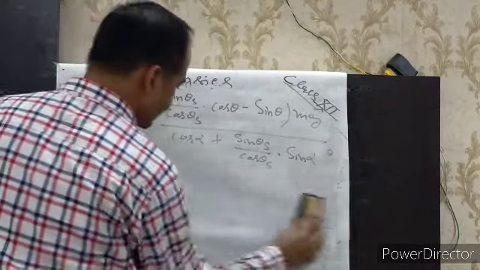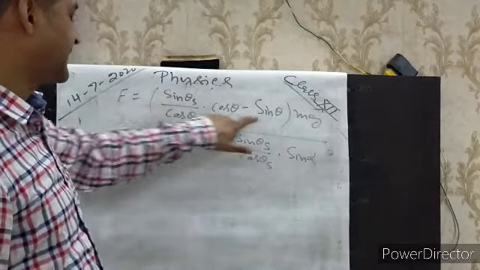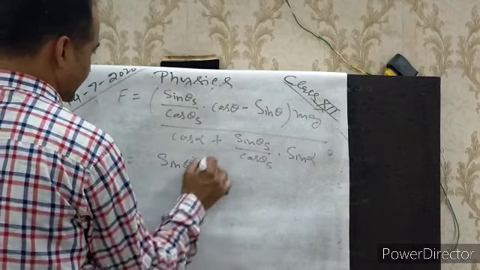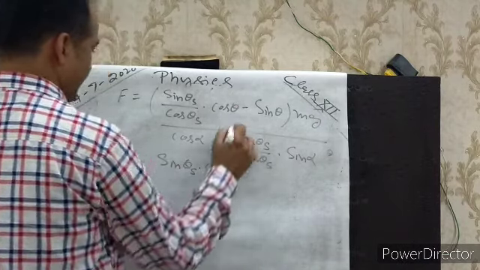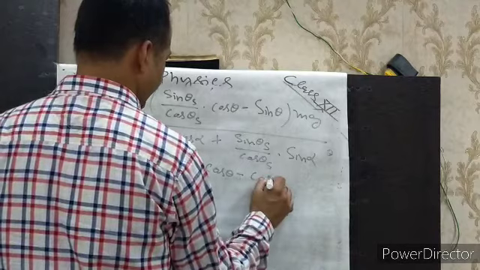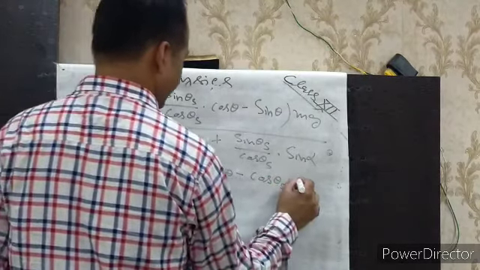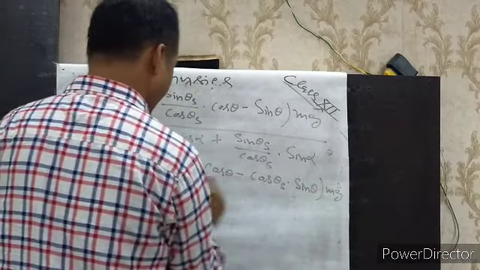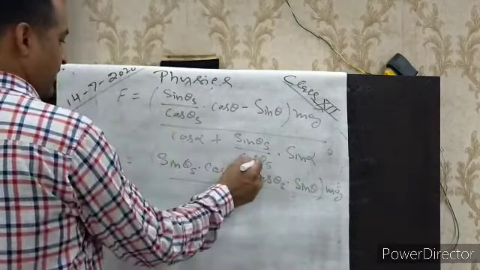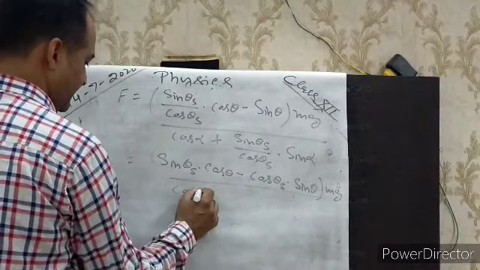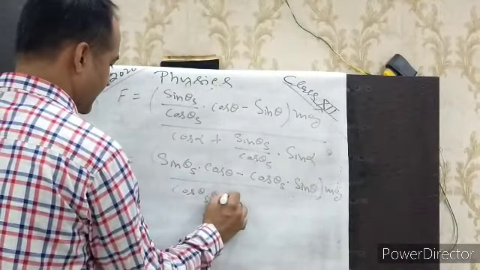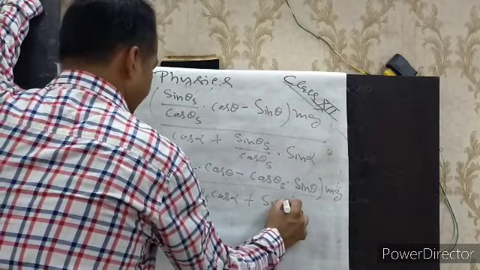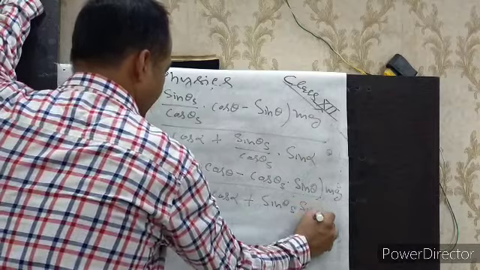Now again simplify this, taking LCM cos theta s: sin theta s cos theta minus cos theta s sin theta, into mg upon cos theta s, cos alpha plus sin theta s sin alpha.